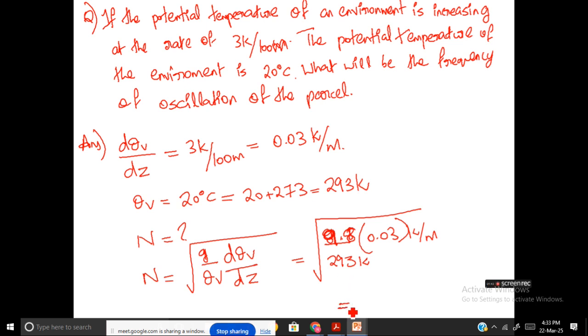So the final answer will be in the unit of second raised to minus 1. So how much will it be? Can you calculate and tell me what the Brunt-Vaisala frequency will be in this case?